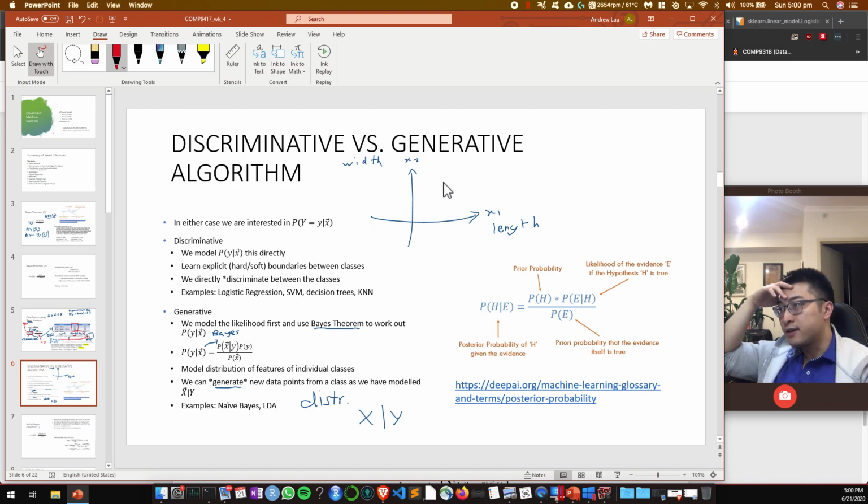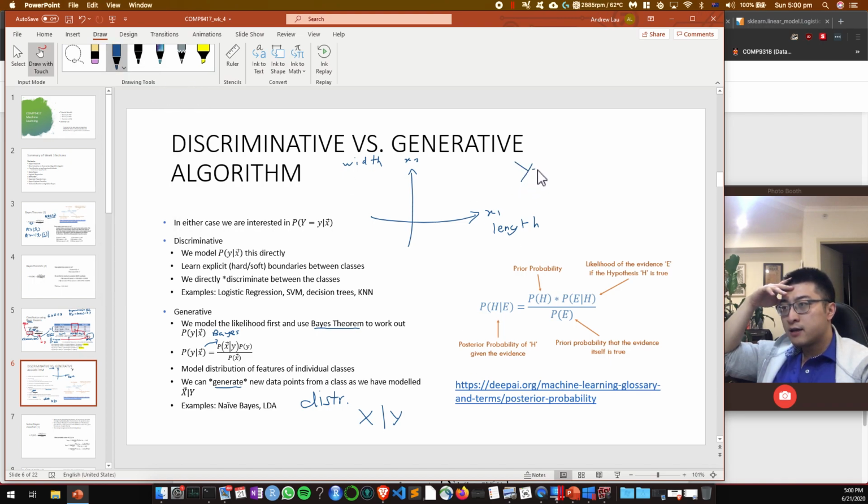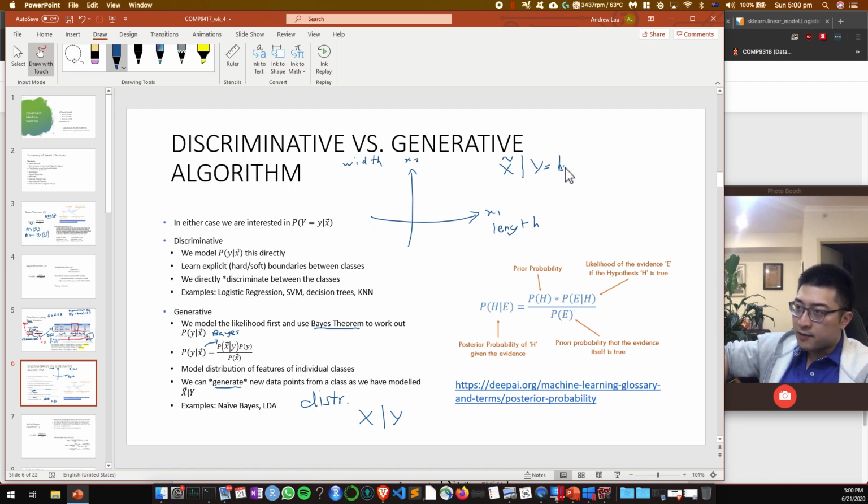So it might look something like this. Let's say we're looking at the distribution of these features given y is equal to, let's just say, sea bass.